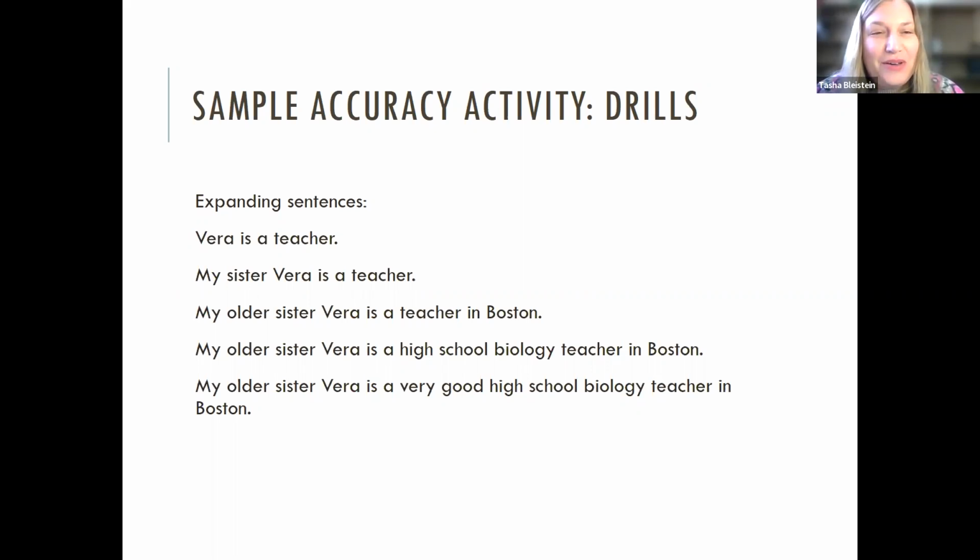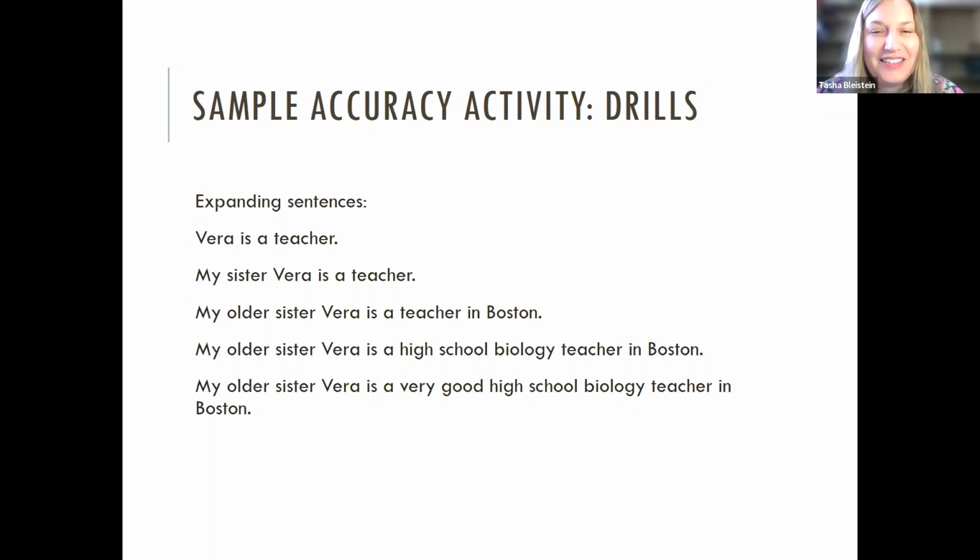So if I was actually doing this with my learners, I would say the sentence probably 2 times and show them the V sound. Vera is a teacher. They would repeat after me. Then I would say it again. They would repeat it after me. And then we're adding to the complexity of the sentence. So my sister Vera is a teacher.